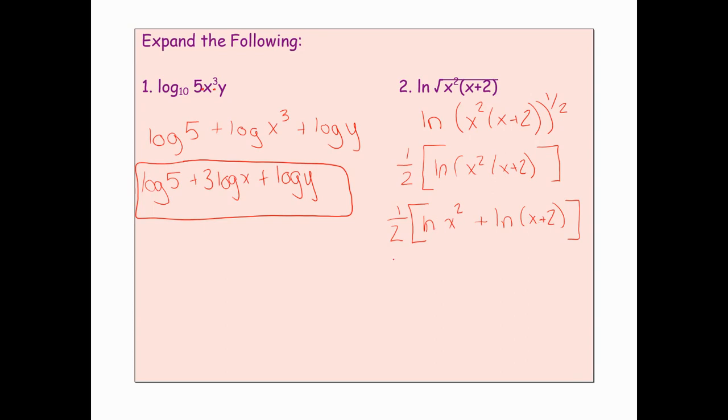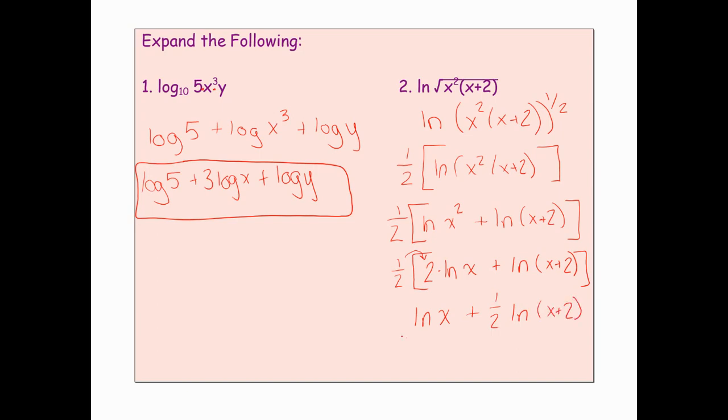This I can, however. So I end up with 1/2 times 2 times the natural log of x plus the natural log of x plus 2. Now your final step is to distribute this 1/2. So 1/2 times 2 is going to give us 1 times the natural log of x plus 1/2 natural log of x plus 2.